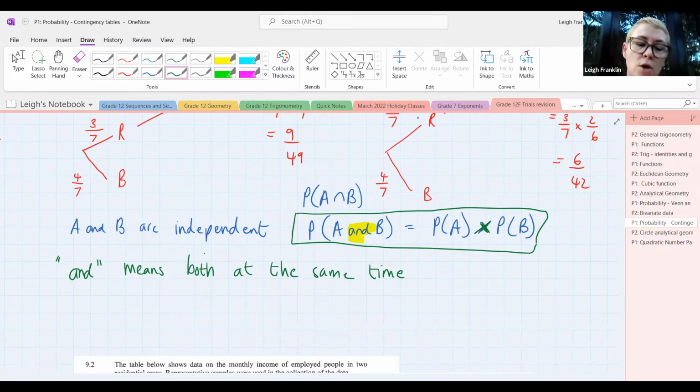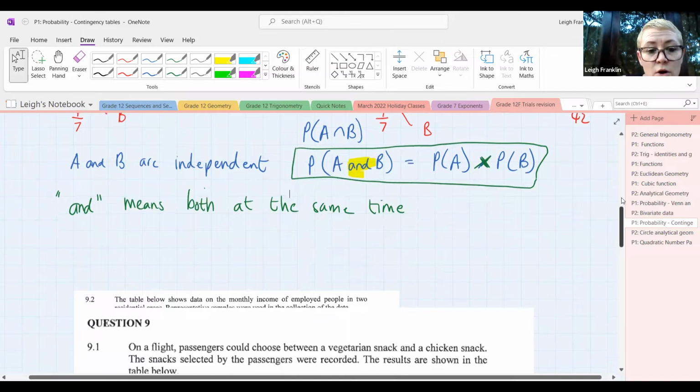So when they ask you to prove that events are independent, they do not want you to write the formula as I've given it to you here. You need to work with the left and the right-hand side separately from one another. And if they are equal, then you can conclude that the events are independent. Similarly, if the left-hand side did not equal the right-hand side, then you could conclude that the events are not independent. Just depending on what it is that they ask you to show.